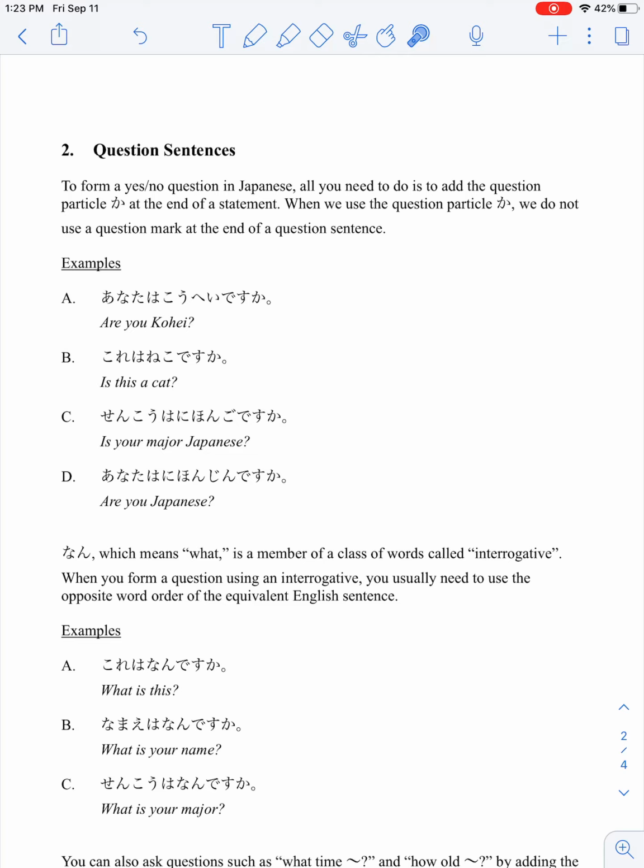Alright, let's look at some examples. Are you Kohei? あなたは公平ですか？あなた is you. Is this a cat? これ means this.